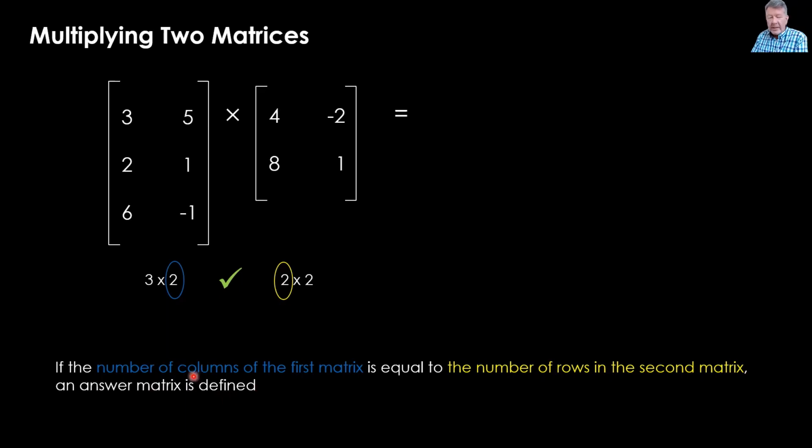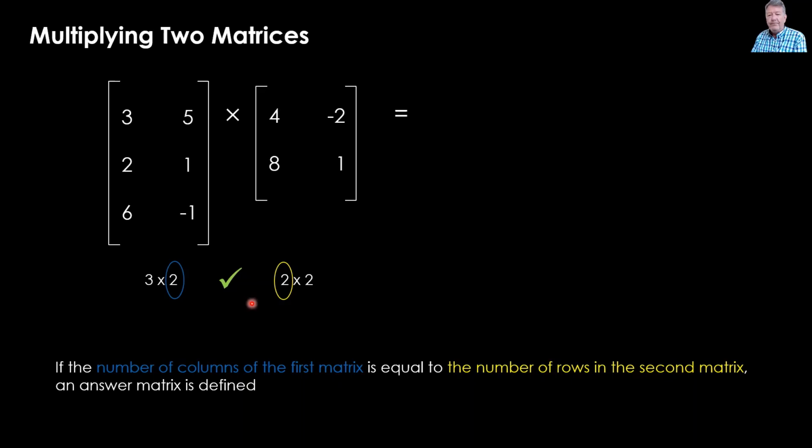Always talk about the number of columns in the first and the number of rows in the second. Therefore, an answer is defined. Something like that. Got it? All right, use the right language.